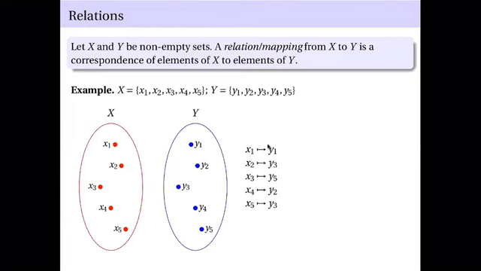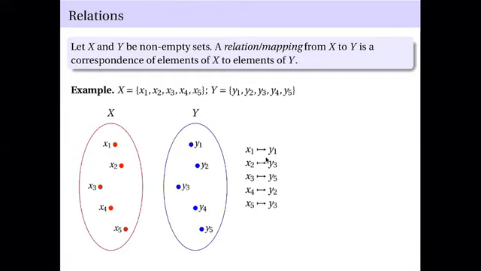Then we have the arrows: X1 arrow to Y1, X2 arrow to Y3, take note of that, X3 arrow to Y5, X4 arrow to Y2, and X5 arrow to Y3.